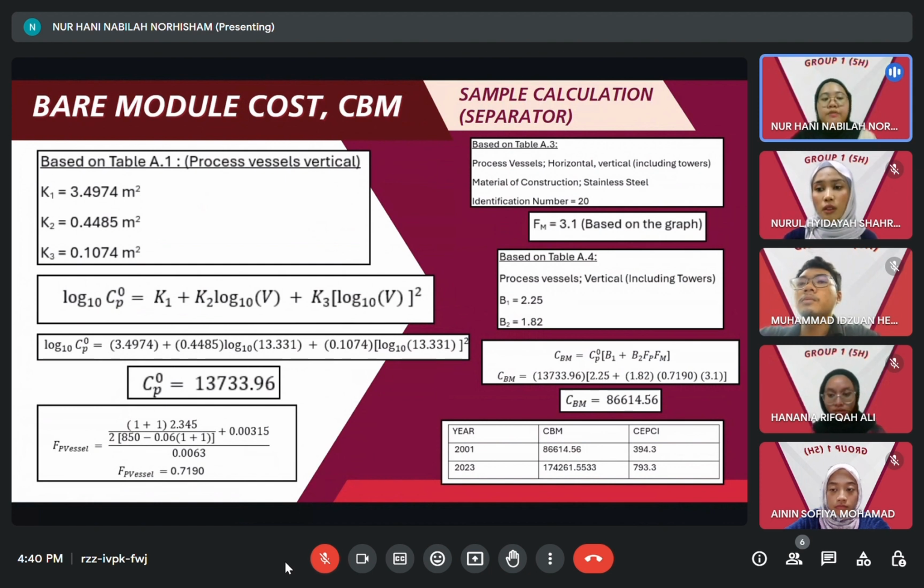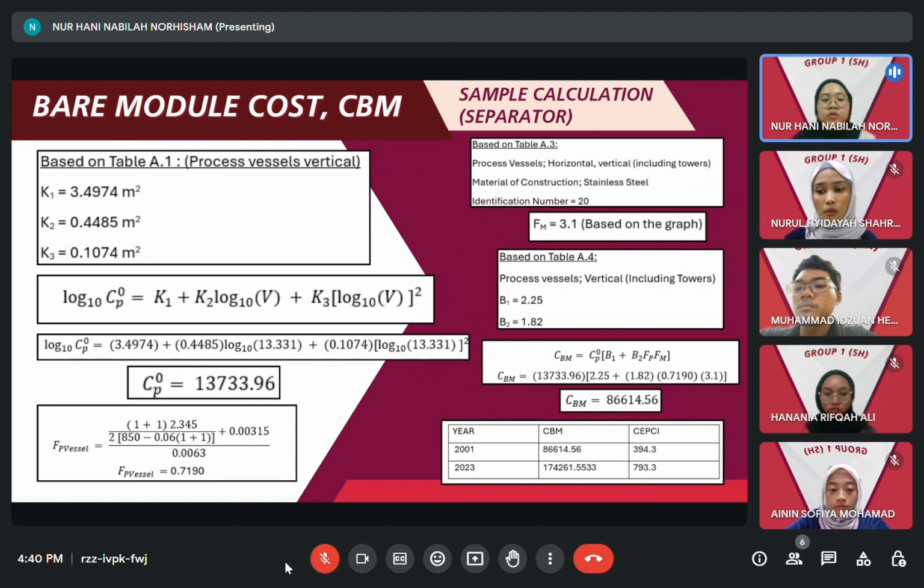Firstly, we have to obtain the respective K1, K2, K3 from table A1. Then we substitute the values of the respective K into the formula of log 10 Cp naught to obtain the value of Cp naught. So we have obtained 1373.96 for the Cp naught.